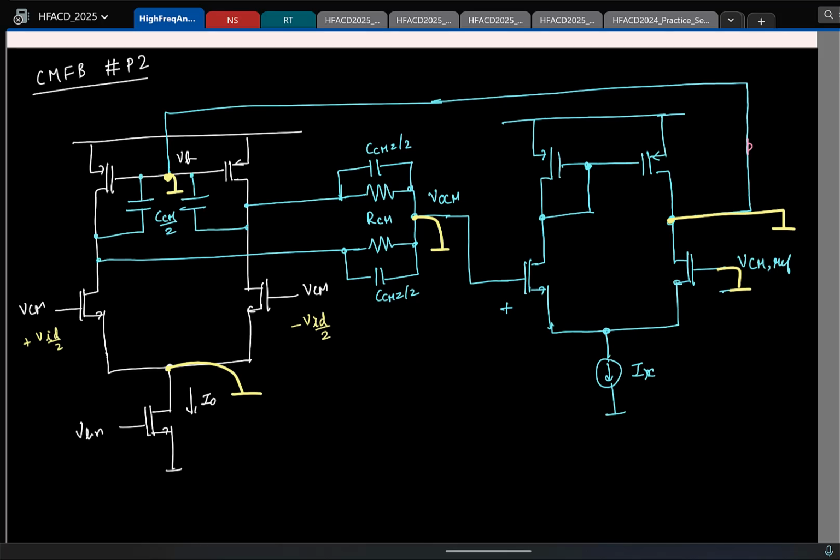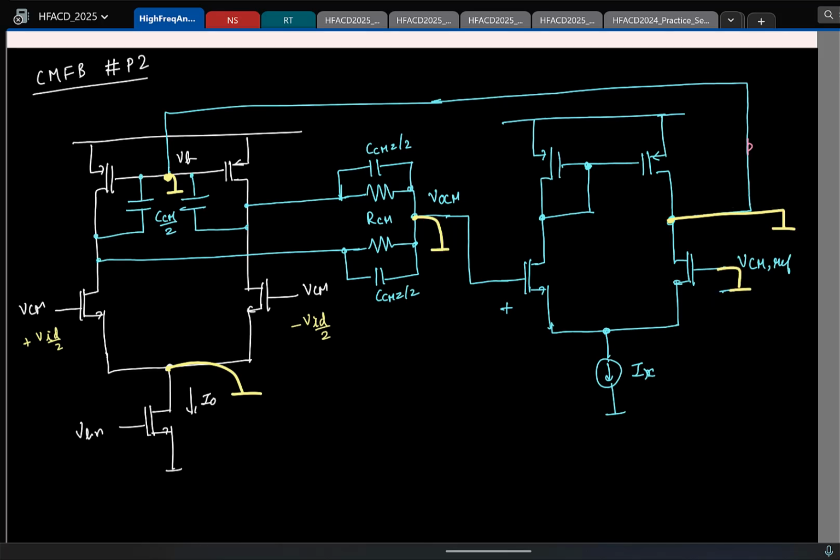I mean, this is not very visually understandable, but remember that for differential signals, if this is plus V by 2, this is minus V by 2. So I take the common mode, that's 0. So now we can nicely simplify it. Now you see that for this op amp, the inputs are grounded, output is grounded.